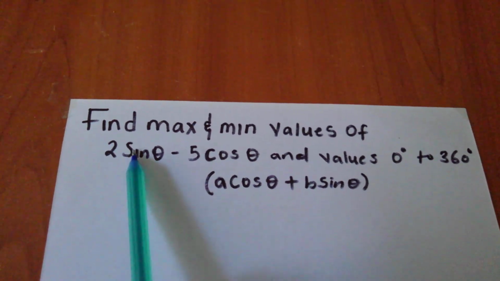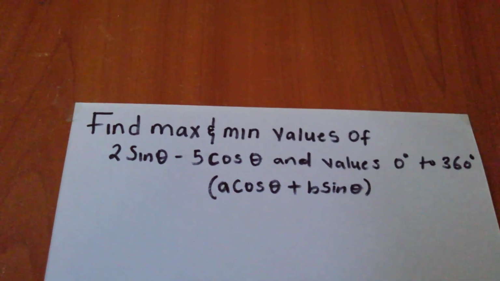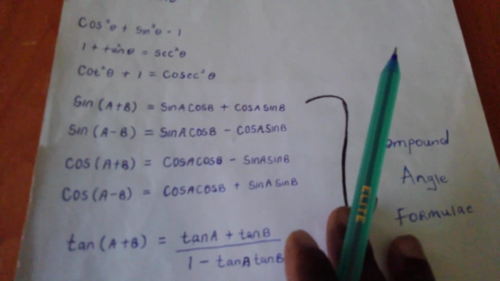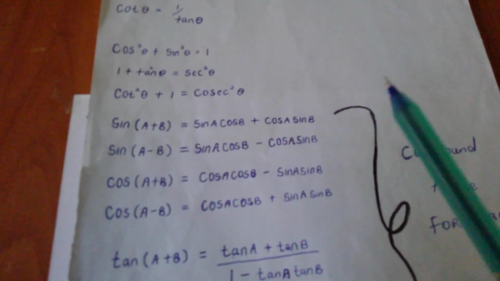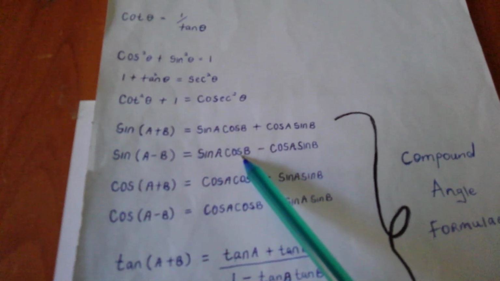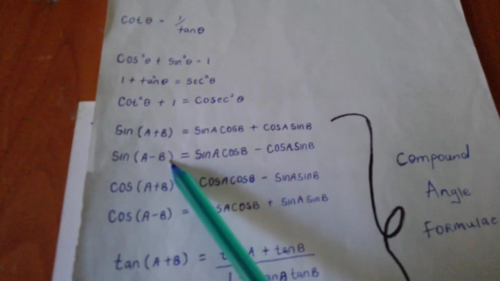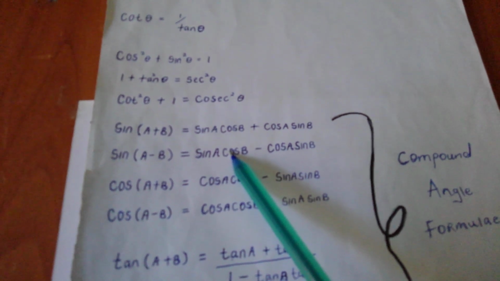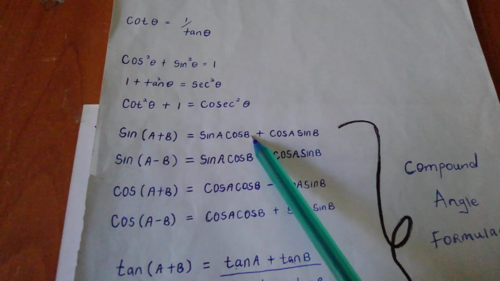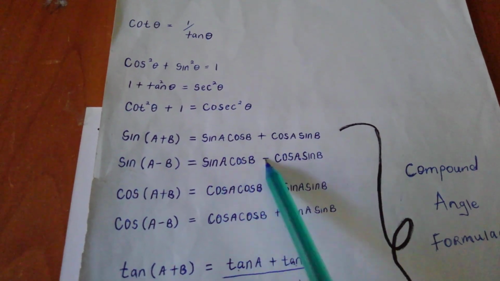But if you look at this sine theta minus cos theta, from the identities of compound angle, I'm going to use the identity that can bring out what I want, the sine a minus b, because I have a cos then minus a sine somewhere, so I can't use this one because it has a plus and this one has a cos. So the suitable identity to use is this.